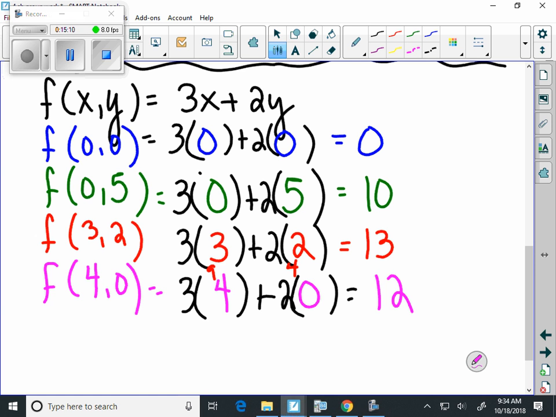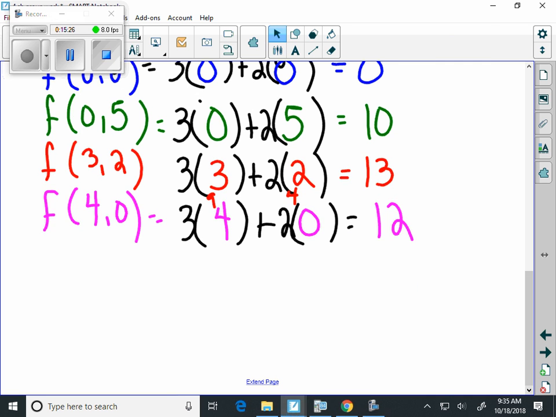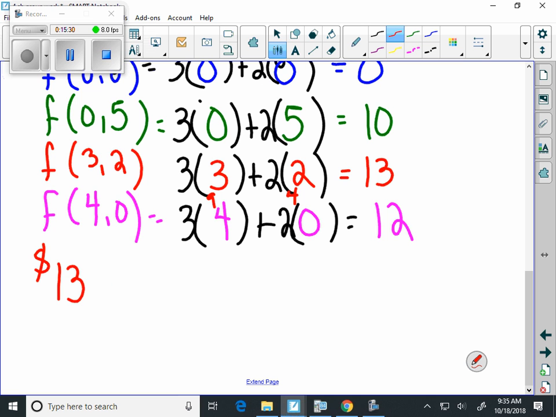The last part of this problem is identifying how much money we are going to make. Well, the biggest number among 0, 10, 13, and 12 is 13. So we want to make the most money possible, so we're going to make $13 profit.